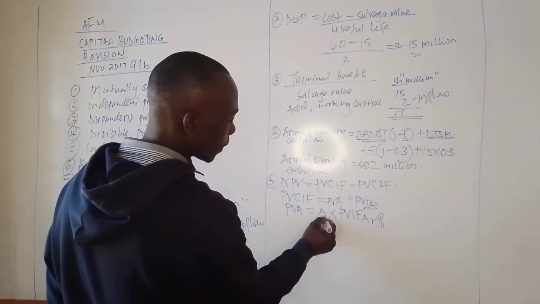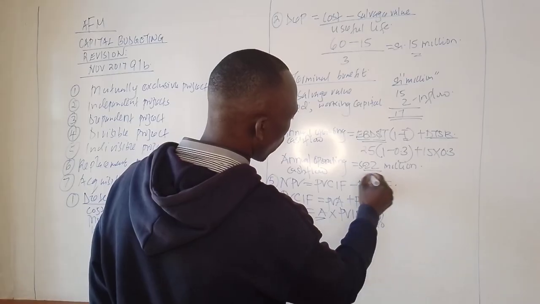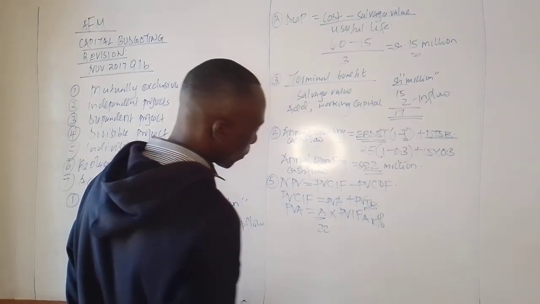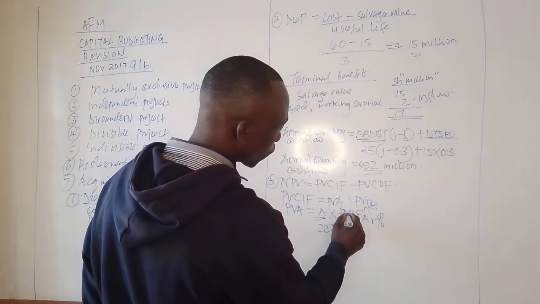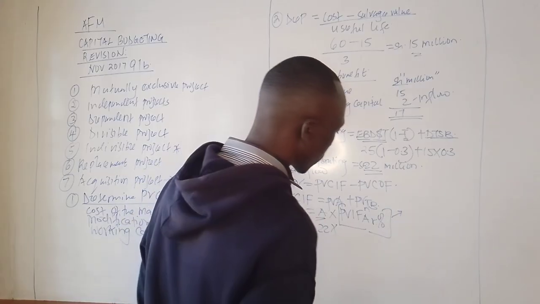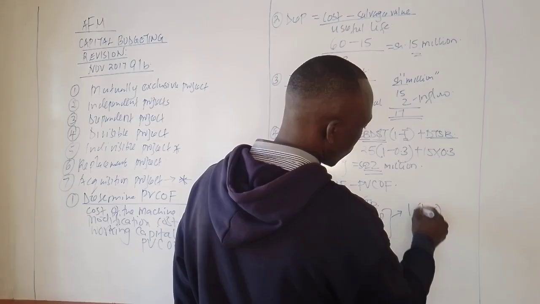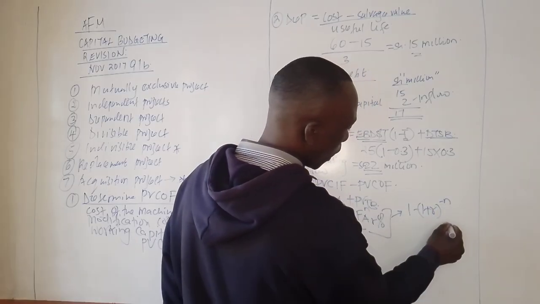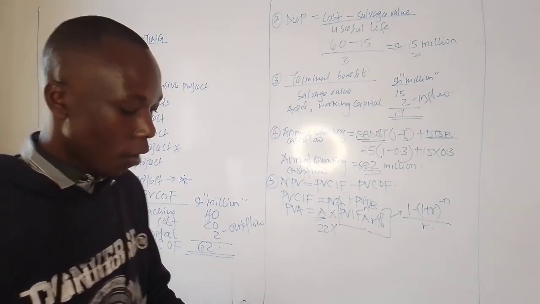So in our case, our annuity was how much? Our annuity was 22. So it will be 22, then we multiply by this factor. So how do we get this factor? This factor, we said, is given by 1 minus (1 plus r) raised to negative n, you divide by r. Our cost of capital was how much?